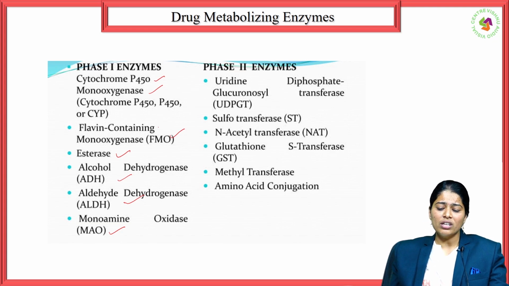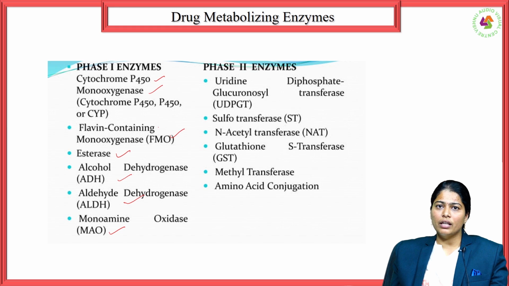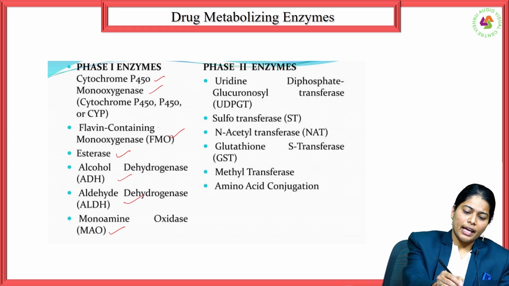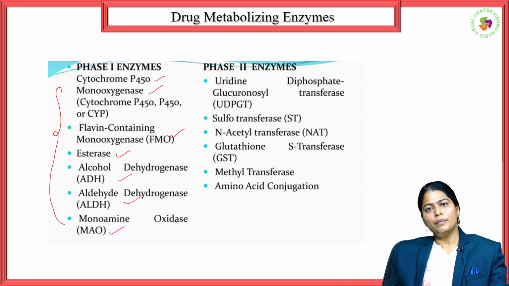For example, oxidase works for oxidation reactions and hydrogenase works for hydroxylation reactions and other reactions. All these enzymes are included in the phase 1 enzymes because the reactions which happen in phase 1 metabolism, like oxidation, reduction and hydrolysis, are catalyzed by these enzymes.